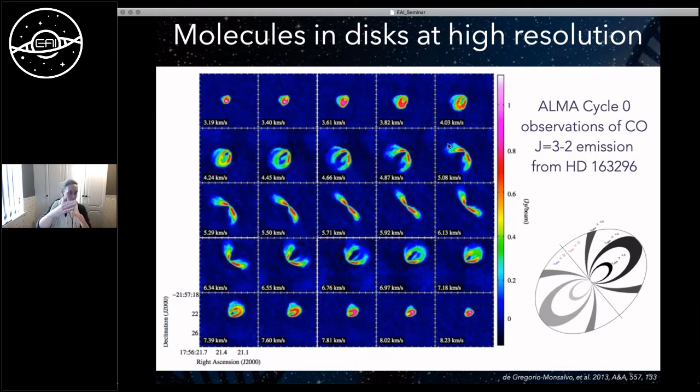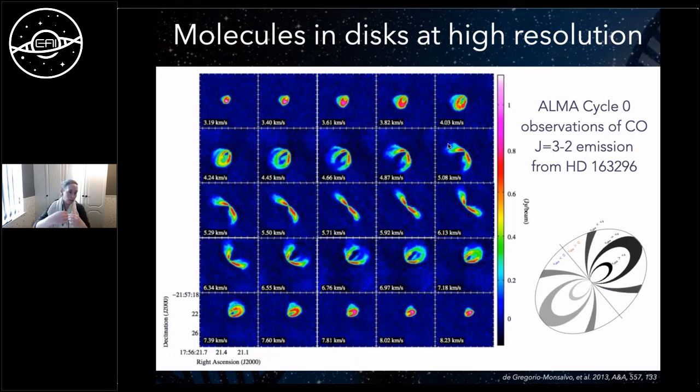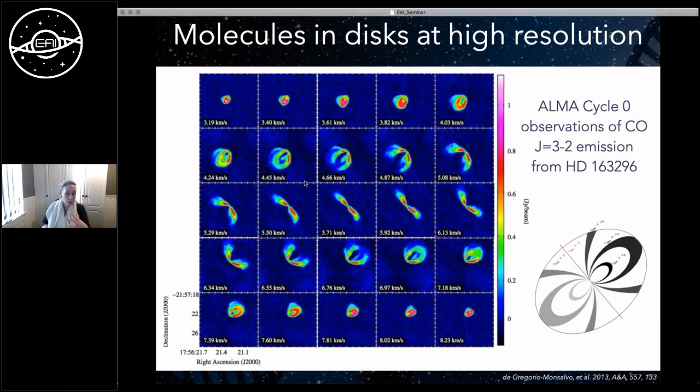Where the CO starts to disappear in the channel maps is showing you where the CO is beginning to freeze out. So by going to these much higher resolutions, you get a huge step up in information. You can start to empirically measure things like emitting surfaces and also measure directly from the data the location of, for example, the CO snow line in this case.